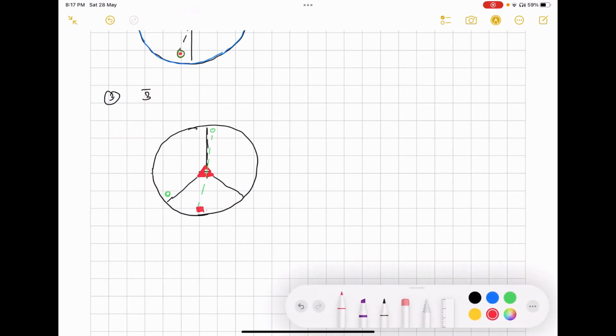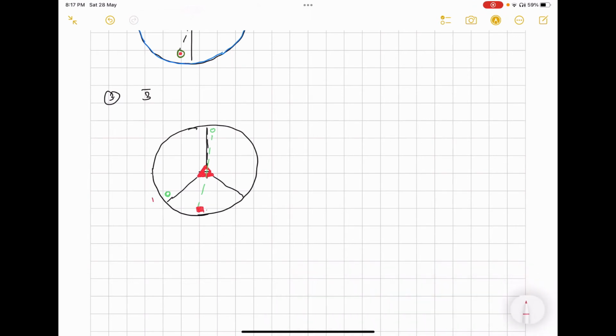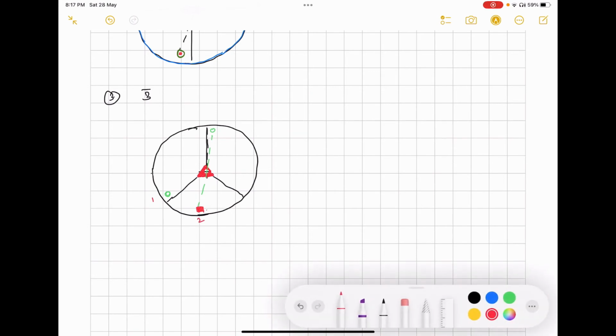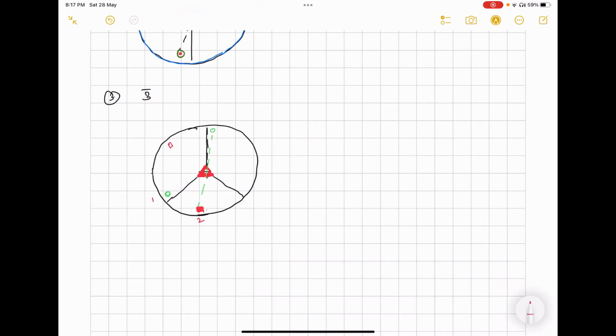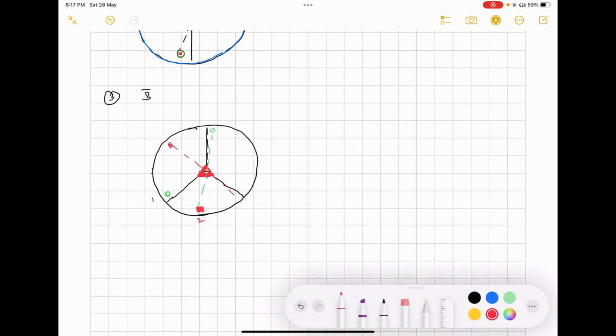So this is 1, this is 2. Now, this is rotated by 120 degrees, so it would leave me a point here somewhere, and then after inverting it would give me a point here.